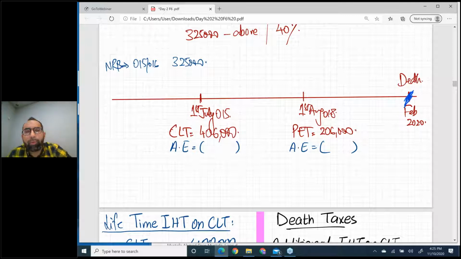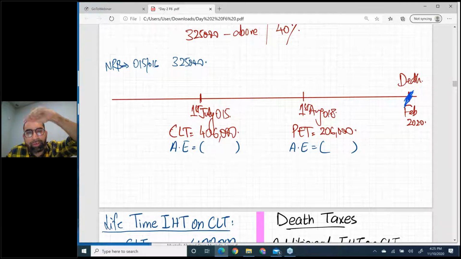Hope you remember the annual exemption. He gifted only these two gifts, no other gifts in his whole life. So 1st July 15 lies in the 15-16 fiscal year, and before that there is the fiscal year 14-15. You can see there is no other gift in 14-15, so obviously you have unused annual exemption of last year, which can be used this year.